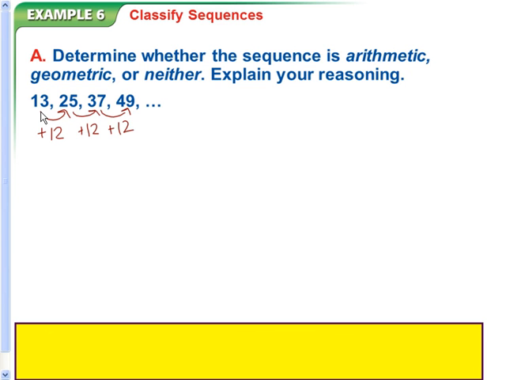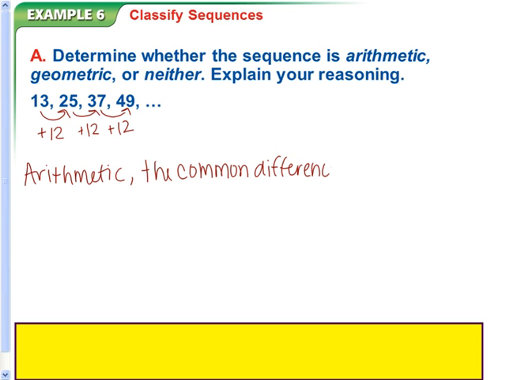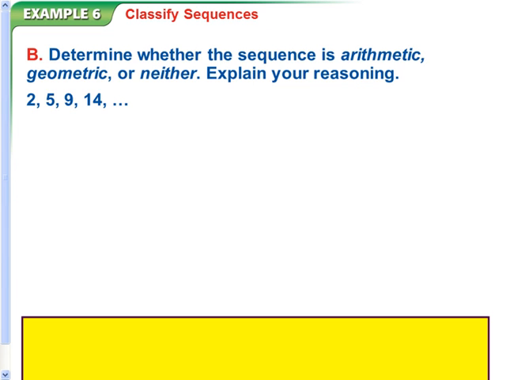Is it plus 12? So it is arithmetic. And then our explanation is the common difference is 12.